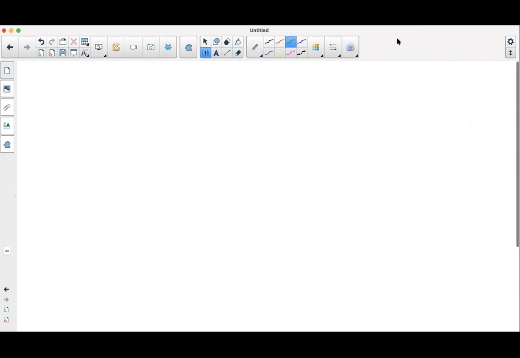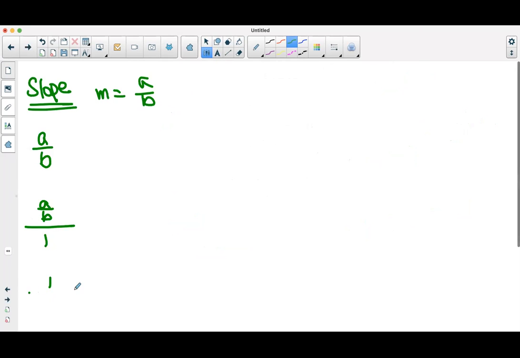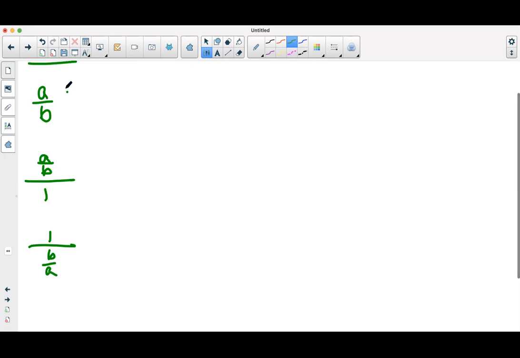So what I mean by that is this: talking about the slopes. When slope is equal to a over b, then we should recognize that slope can be expressed as a over b, or a over b over 1, or 1 over b over a. So we can express slope in 3 different ways. What does the first one represent?